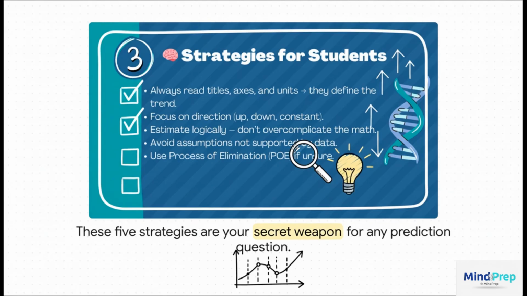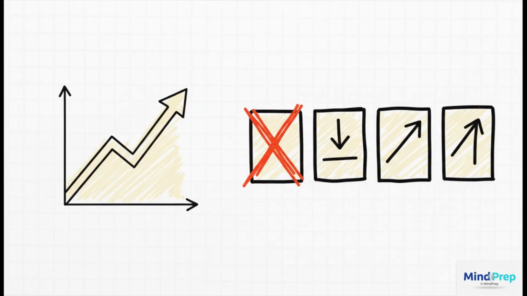Seriously, think of this as your secret weapon. For any prediction question they throw at you, you can just run down this checklist. It takes a problem that might feel confusing and turns it into a simple step-by-step process. I'm going to say this one more time because it's that important. Process of elimination is an absolute lifesaver. Even if you're not 100% sure what the right answer is, you can almost always spot the answers that are definitely totally wrong.